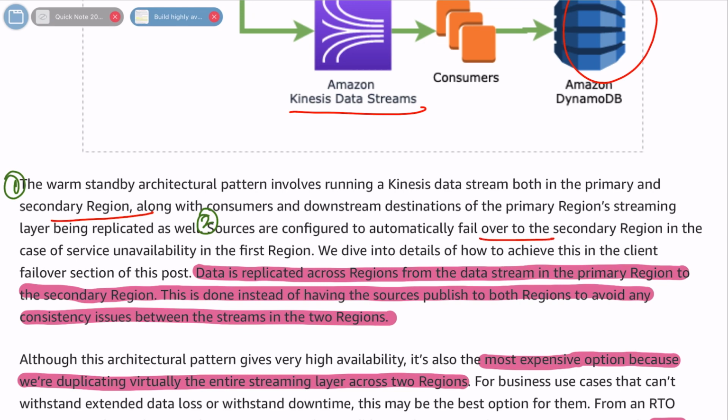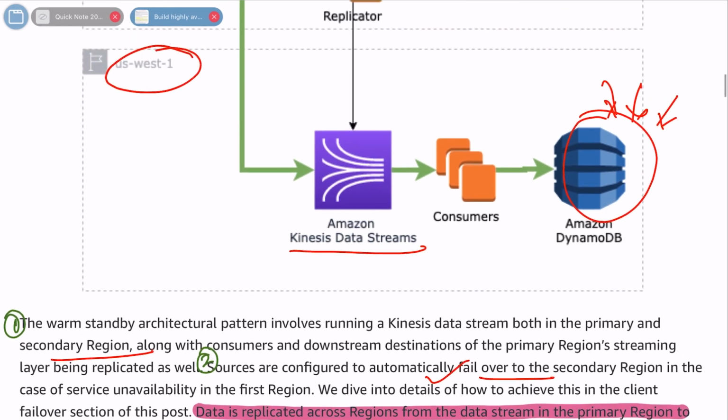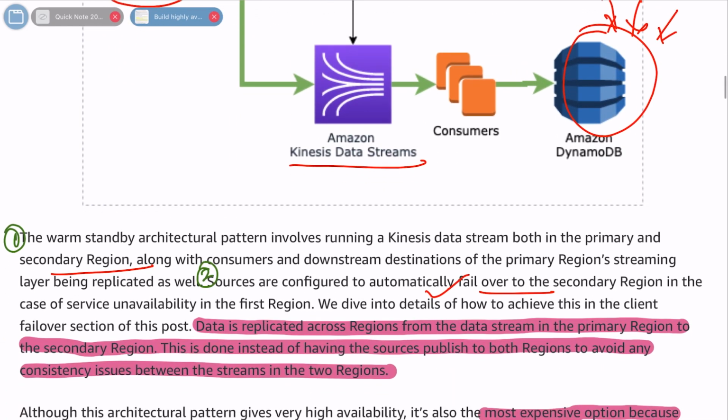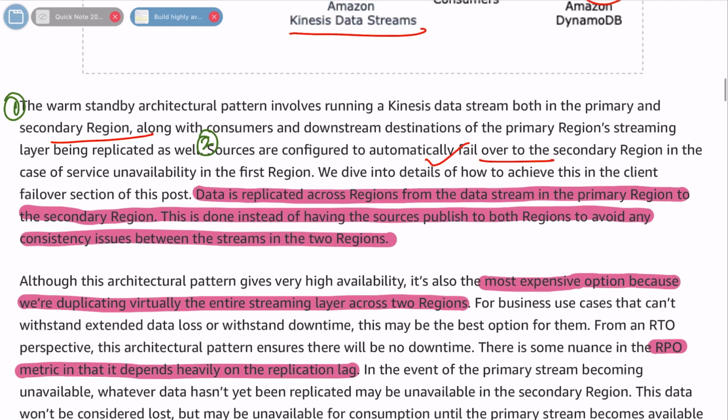In this architecture all your services, all the components are always online, and we have a mechanism in place so that whenever a failure occurs, whenever we detect an unavailability scenario, we will redirect our consumers, redirect our producers to publish data to region B. So data is replicated across regions from the data stream in the primary region to the secondary region. This is done instead of having sources publish to both regions, to avoid any consistency issues between the streams in two regions.